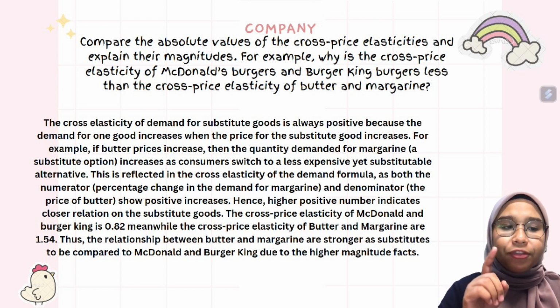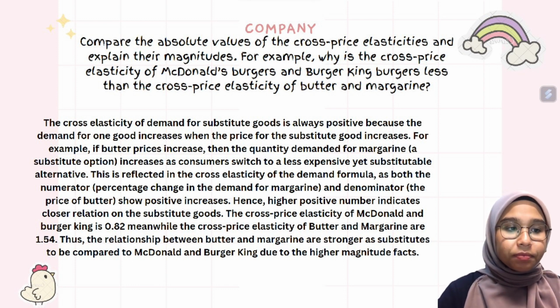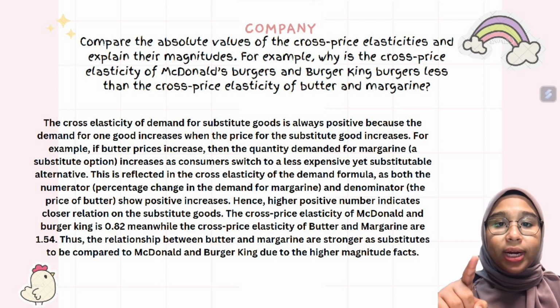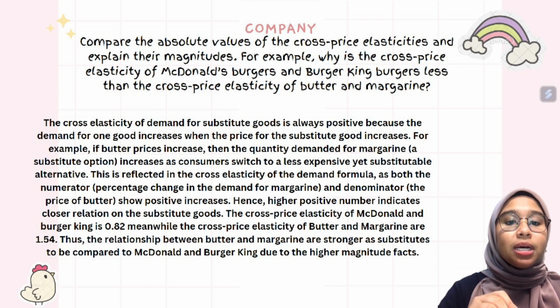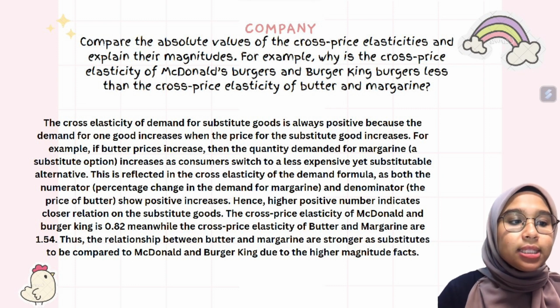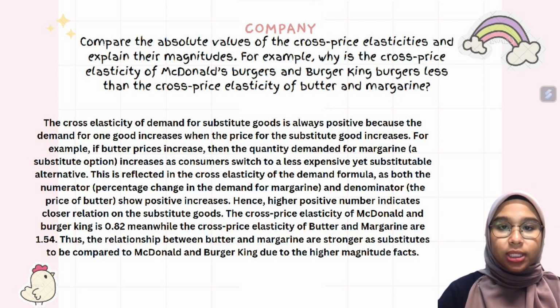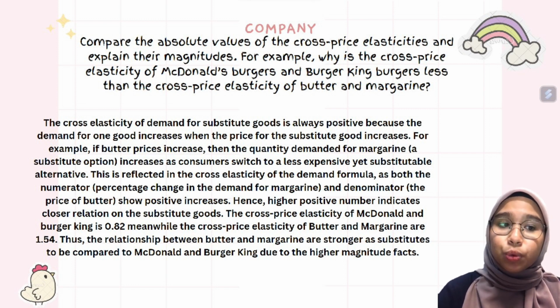This is reflected in the cross elasticity of demand formula. And also, what I need to stress here is that the higher positive number indicates the stronger relationship of the substitute goods. So the cross price elasticity for McDonald's and Burger King is 0.82.